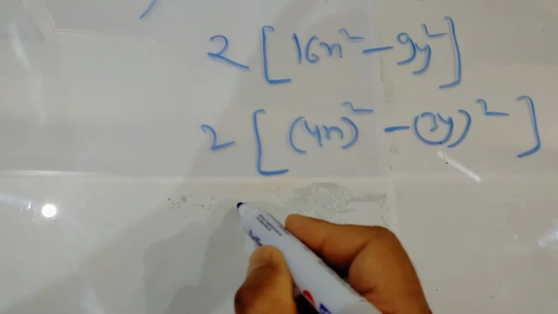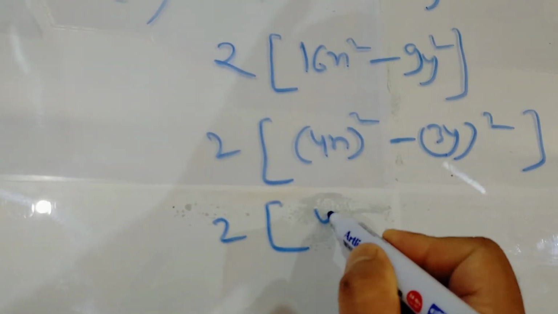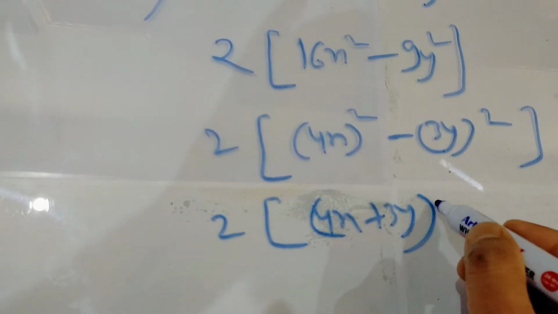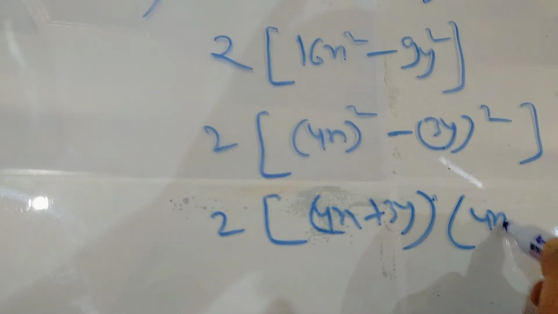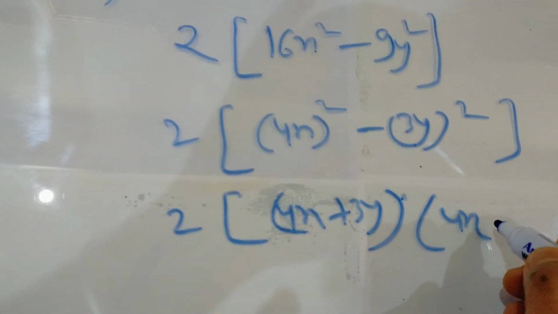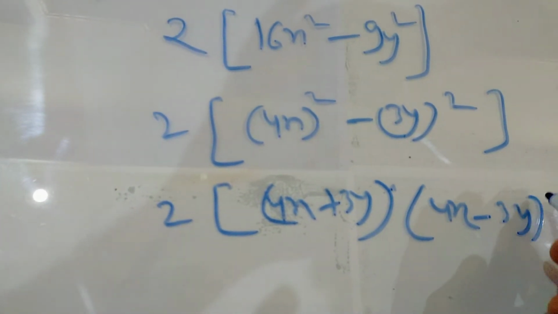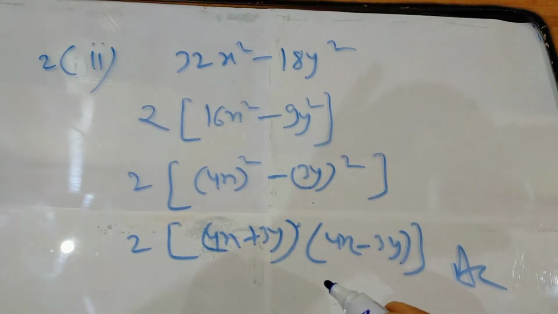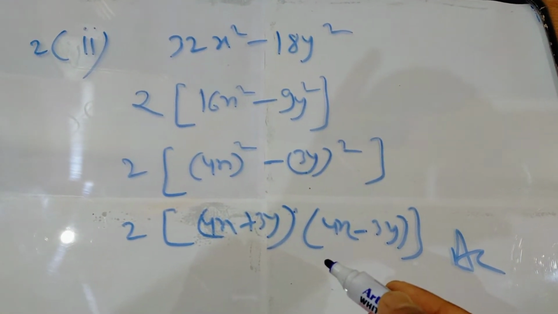Now it has become the a square minus b square formula. So we can write 4x plus 3y and 4x minus 3y. So this is the answer. This is the right way to solve the question.